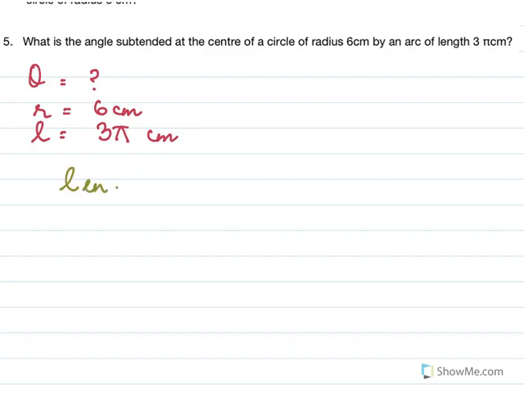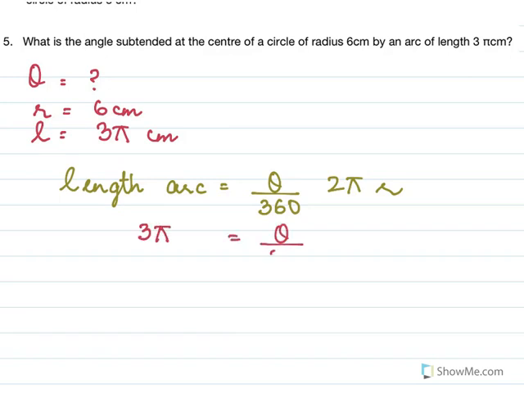Length of arc equal to theta over 360 2 pi r. Now let's put the values that we know. We know the length of the arc here is given as 3 pi. Theta we don't know, so 360 we write 2 pi, and the r is given as 6. So into 6. So we now cancel out.